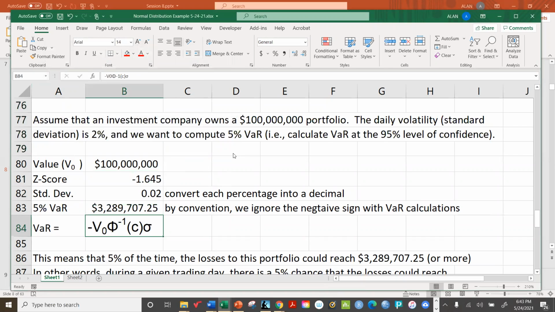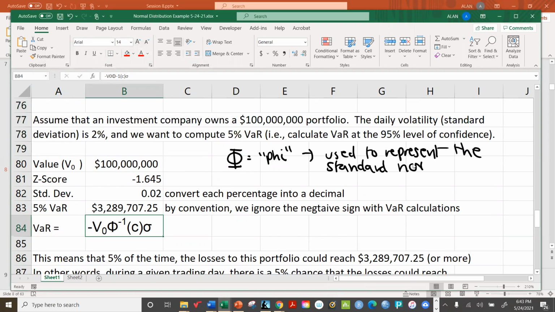This symbol, first of all, is the Greek letter phi. And it is often used to represent the standard normal distribution. When we attach, you see how there's a -1 exponent? That means we are looking for a Z-score.